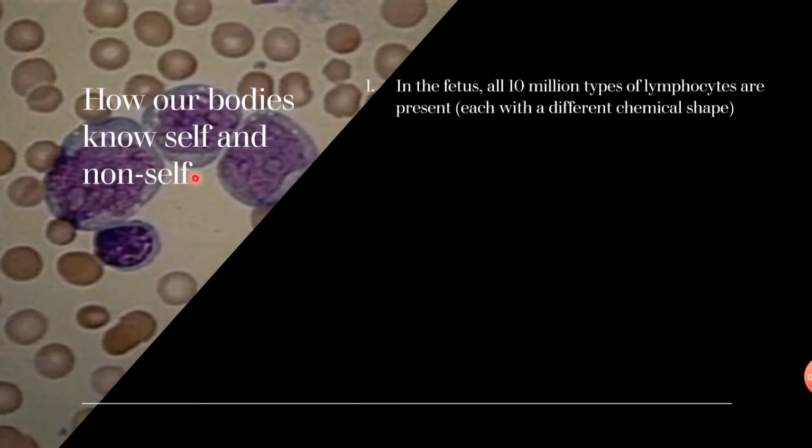So how do our bodies know self and non-self? In the fetus, all 10 million types of lymphocytes are present, each with a different chemical shape. This means that with the 10 million types of lymphocytes, they're able to detect and be specific to 10 million different types of cells.